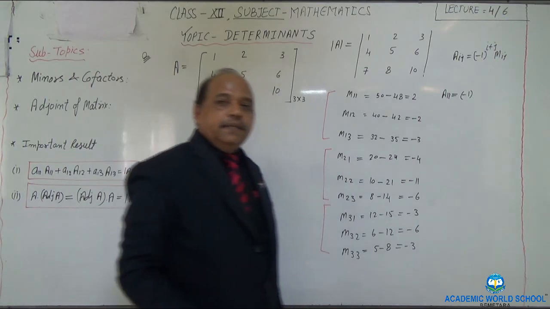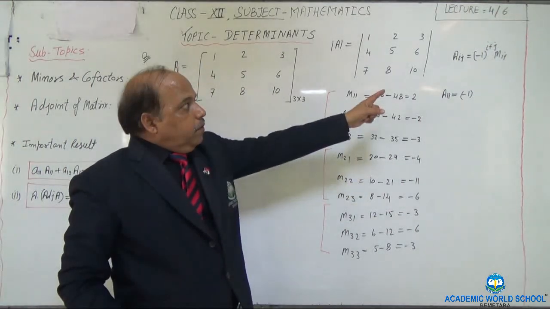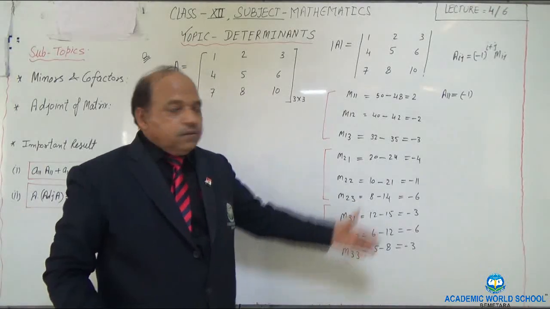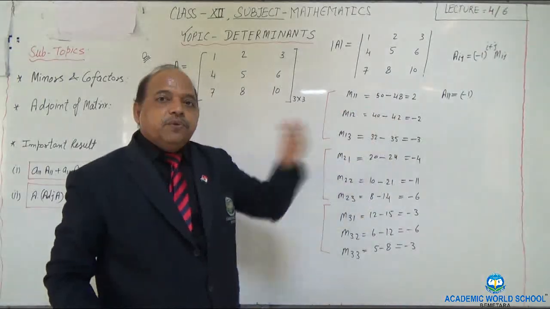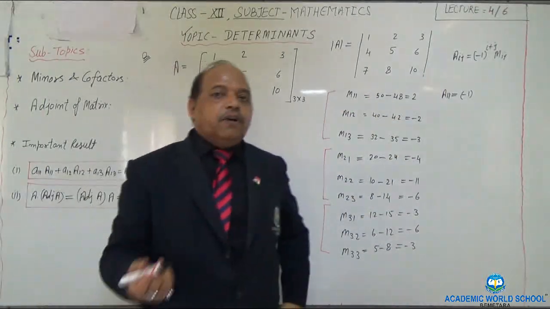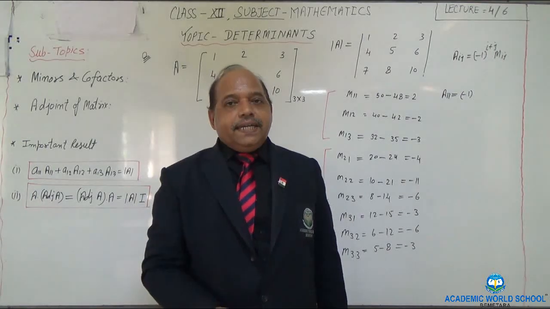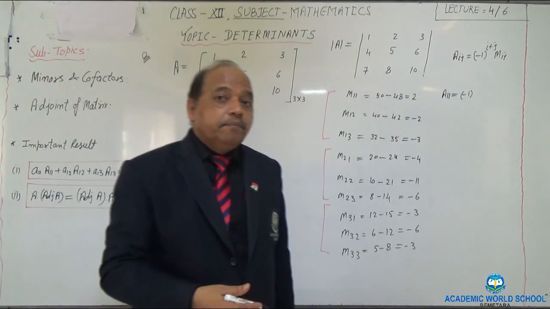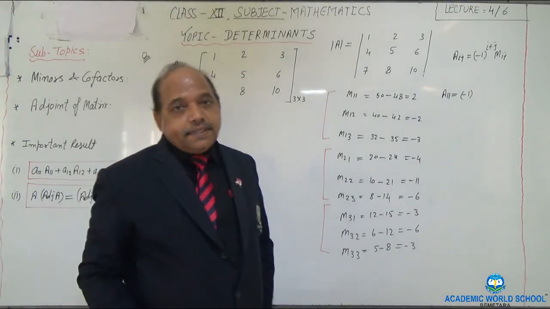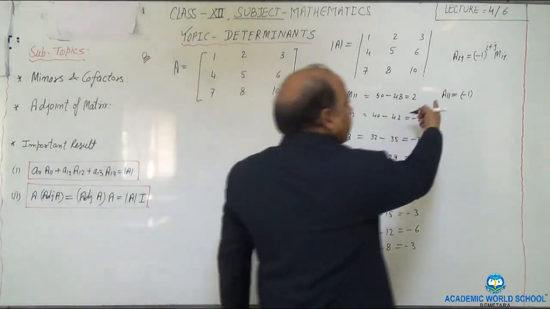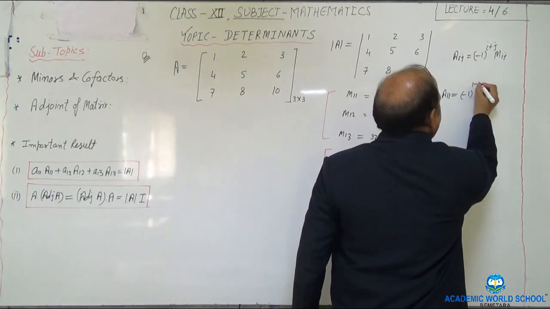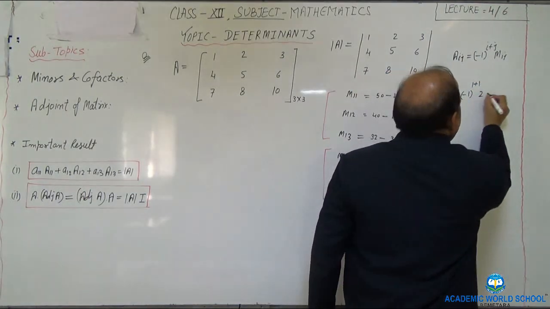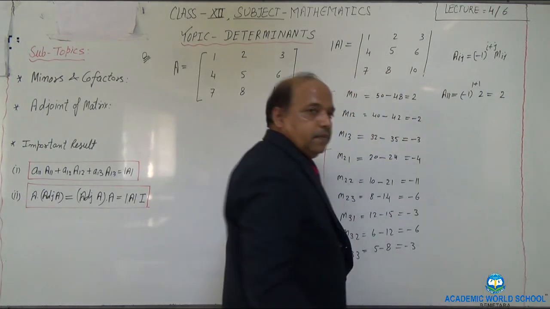This is the way we write. Fine. Already we have got minors. So what we have to do? Simply we have to see whether minus 1 to the power is even or odd. If it is even, the minor will become the cofactor. If it is odd, then its sign will change. That's all. So for A11, minus 1 to the power 1 plus 1, which is even, and the minor is 2, it remains 2. Clear?